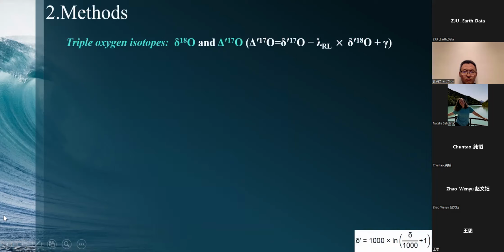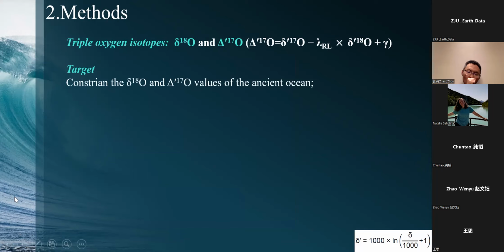So in this study, they also try to use the triple oxygen isotopes, particularly delta 18 and capital delta 17. As a matter of fact, they introduce a new isotope, oxygen 17, in this system, and the capital delta oxygen 17 is composed of delta 17 and delta 18.